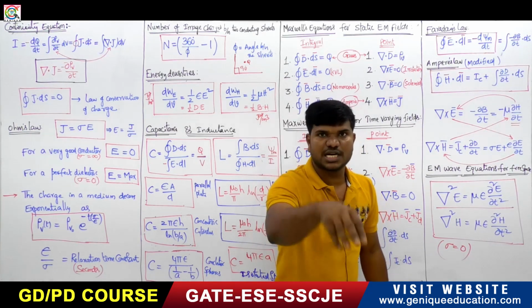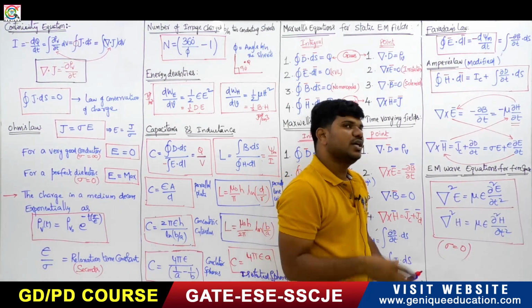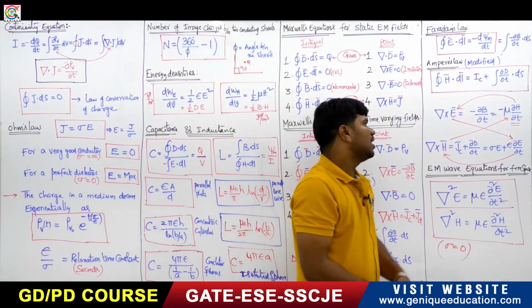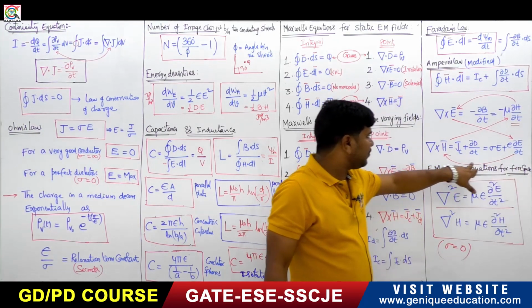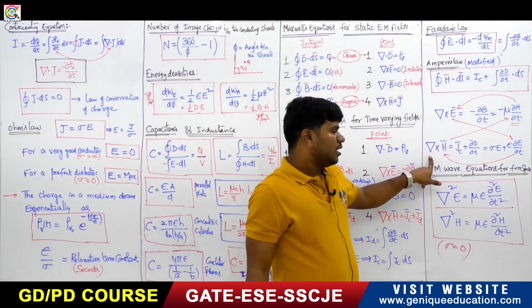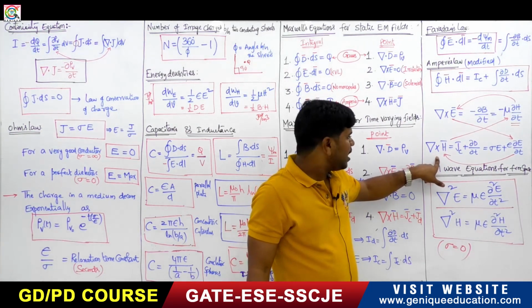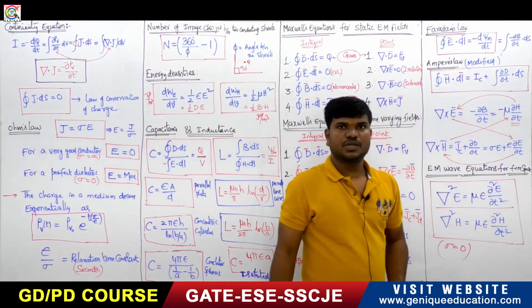During the deceleration, when there is a reduction in the speed of the charge carriers, the electric field will be produced. Due to that electric field, you are getting the magnetic field, and this magnetic field is space varying. The produced magnetic field is perpendicular to this.